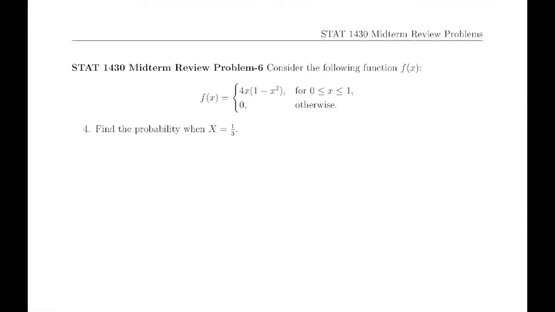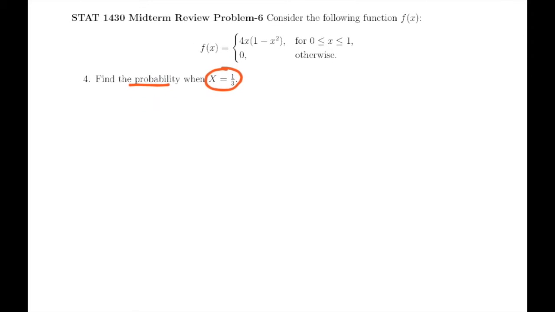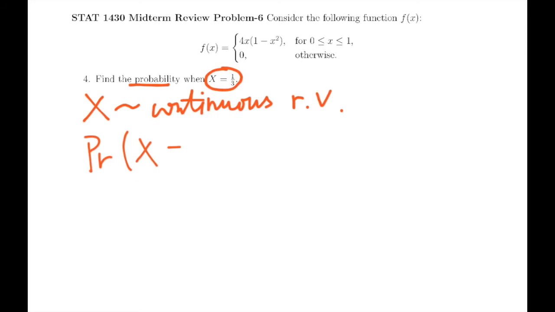Next, we want to find the probability when x is exactly equal to 1/3. Okay? So because we're dealing with a continuous random variable, I will use RV to represent random variable, and then the probability of x equal to a single value, I will use small x to represent a single value, then this probability is always equal to 0.